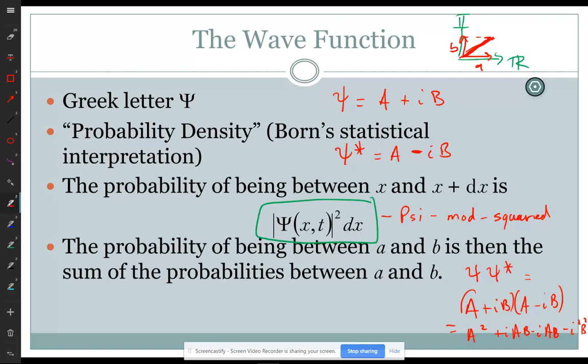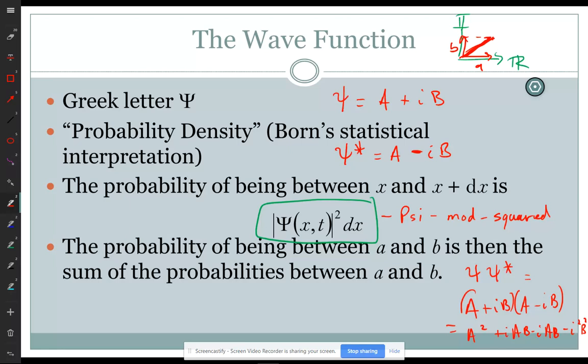If I want a bigger range, dx, remember, is infinitesimal. If I want a finite range, then I'm going to have to add this up, going from the beginning of my window to the end of my window. Since psi is generally a continuous function, if I have a window from x equals a to x equals b, how do I add this up through that window?